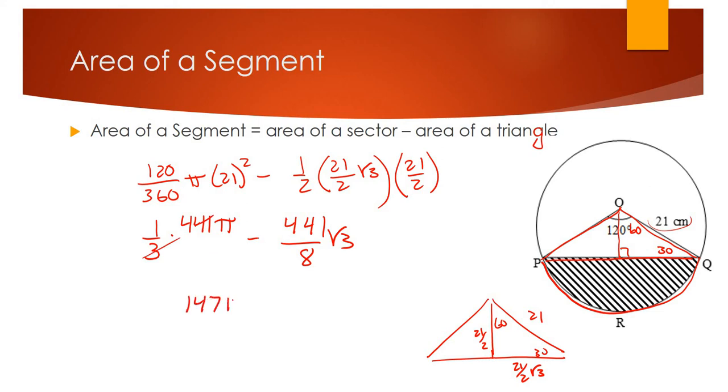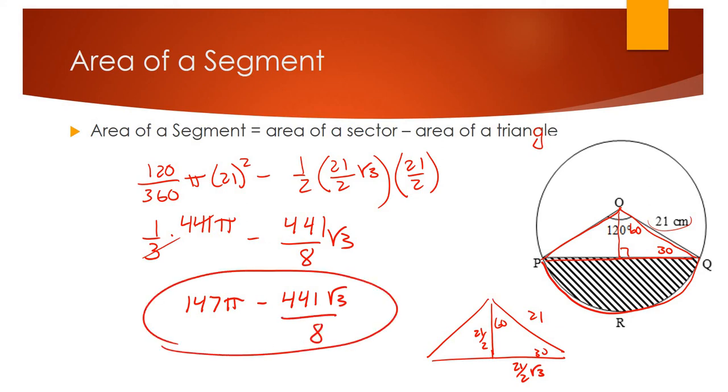This does simplify to 147 pi minus, I don't think that I can simplify this fraction, so I'm just going to leave it. And if you need a decimal form, you could go to your calculator. Okay, so we will do a few of these in class, but that's it for your note.